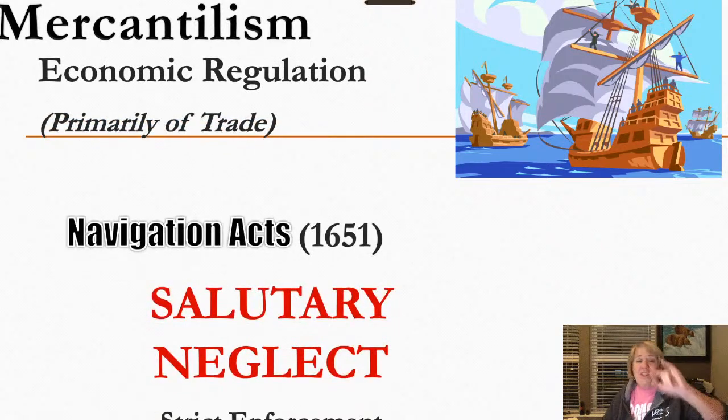Remember, this word right here, mercantilism or economic regulation. The whole purpose, honestly, for the English colonies and their establishment is mercantilism. And you can say this for the French and the Spanish too as well. It's when the mother country is going to draw raw materials out of a colony and use that to increase their economic strength.